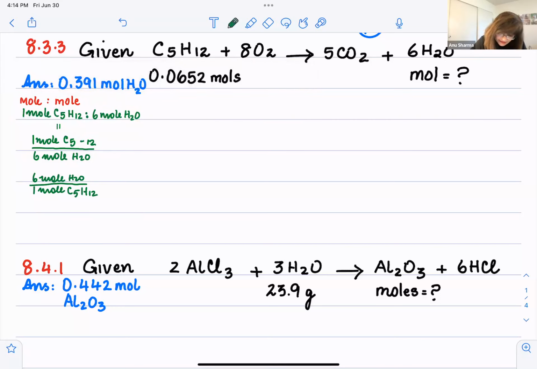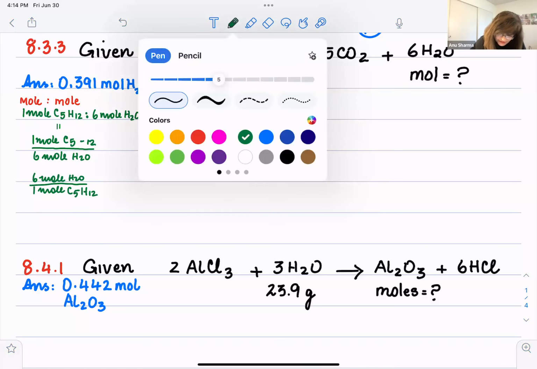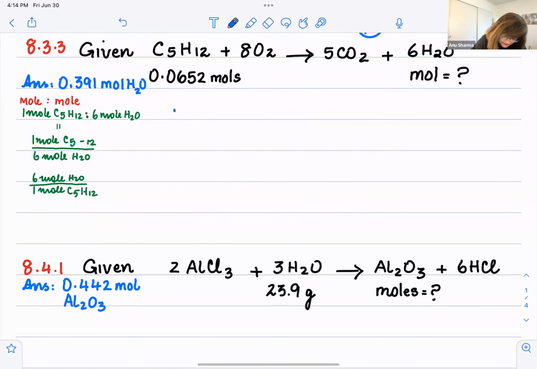Now we are going to write down what is given to us. Same story. Write down the given. You are given 0.0652 moles of C5H12, and we want to convert these moles to the moles of water.